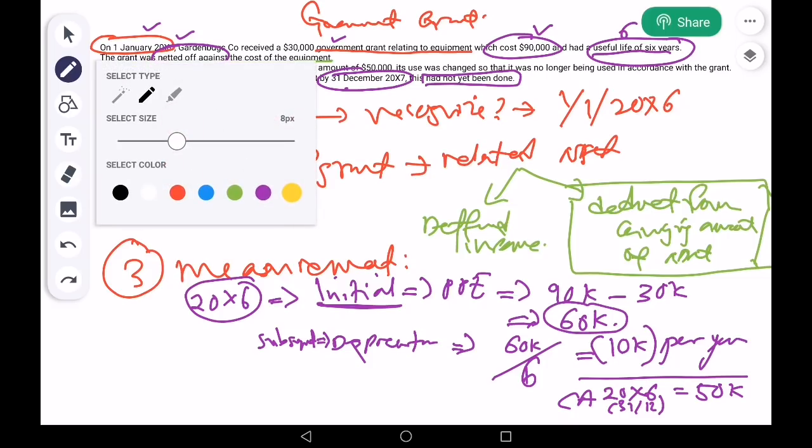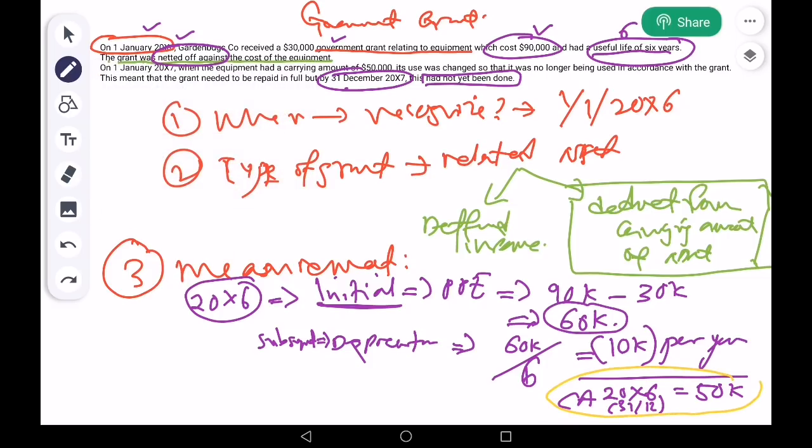Why? Because the question has already given you. On the 1st January 2007, the equipment has a carrying amount of 50,000. So in the exam, if you calculate, no marks are given. It is considered a waste of your time because they have given you the carrying amount.